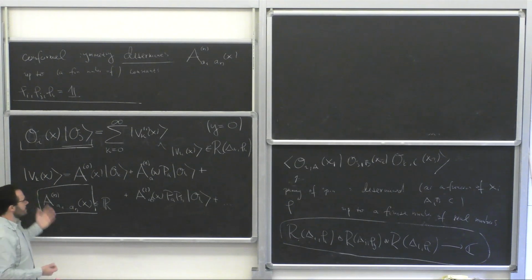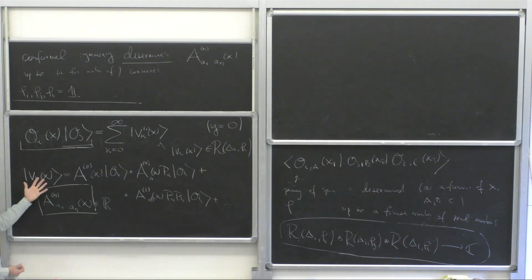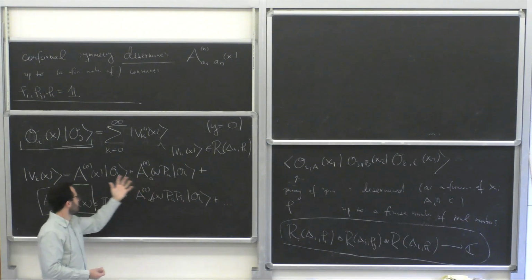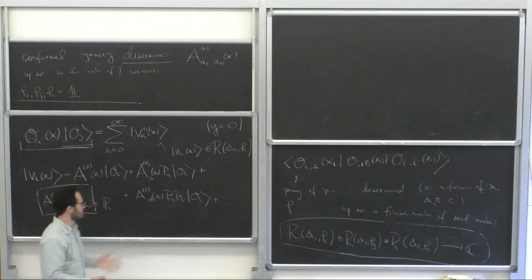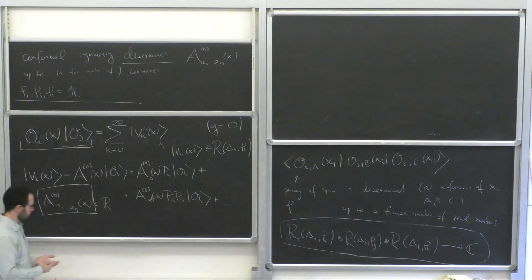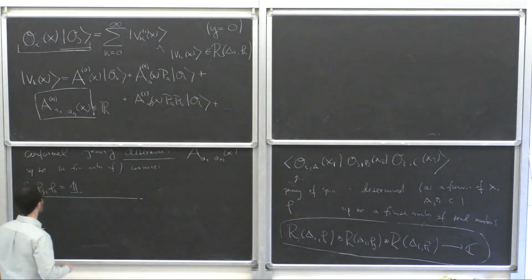And at the same time, we can act the same generators on the right-hand side, where they are going to act on this V_K, and they're somehow going to mix the various terms on the right-hand side, and then we can hope that actually things will be uniquely determined. So let's see how that works.